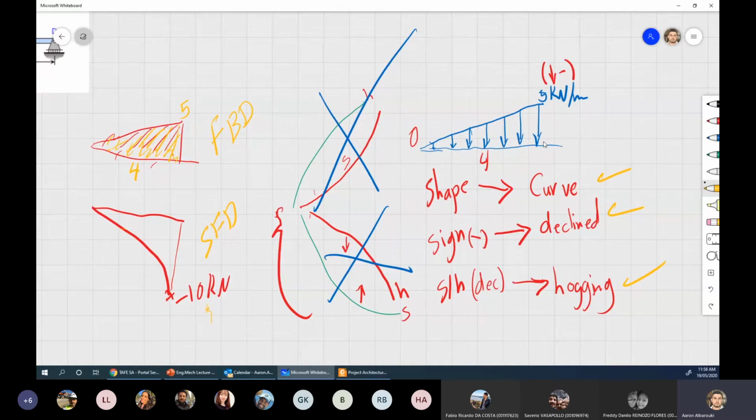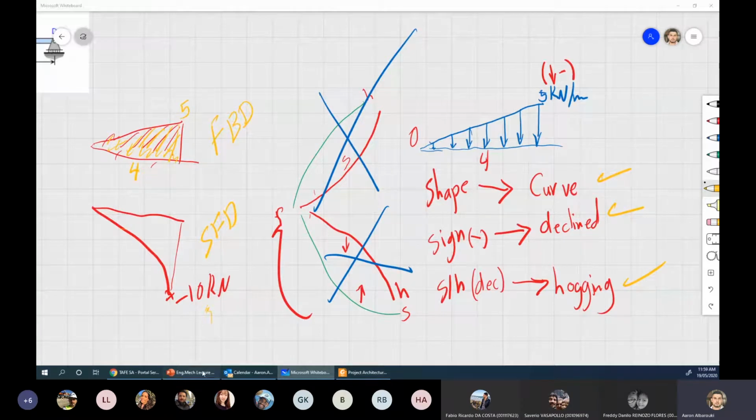What does that mean? You're looking at the magnitude here increasing, correct? But in what direction is it increasing, positive or negative? It's increasing in the negative direction. That's what I'm referring to, which means overall it's decreasing.